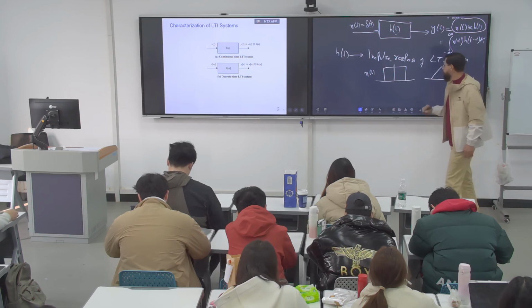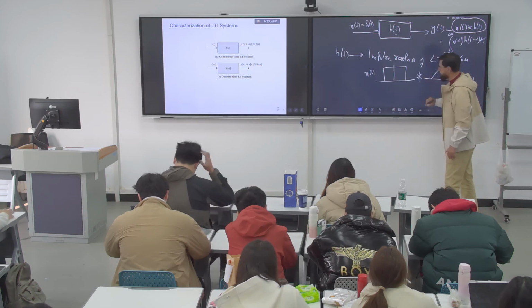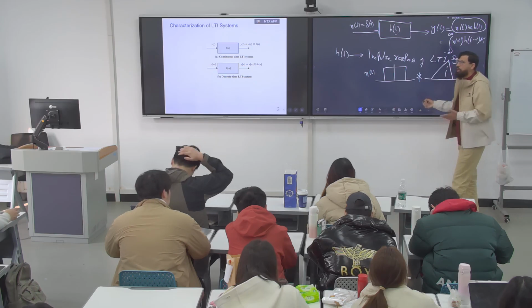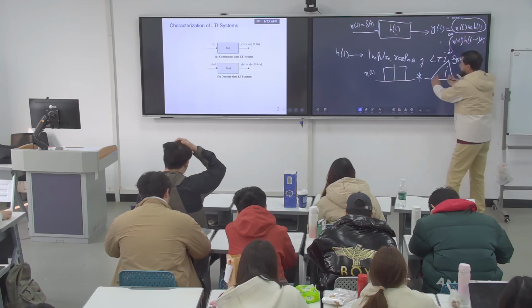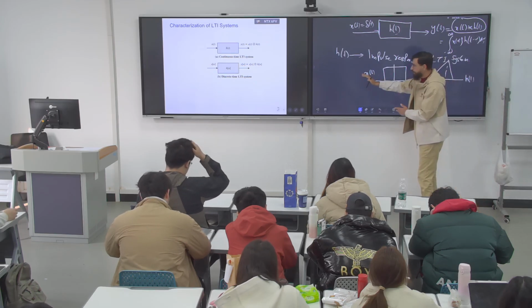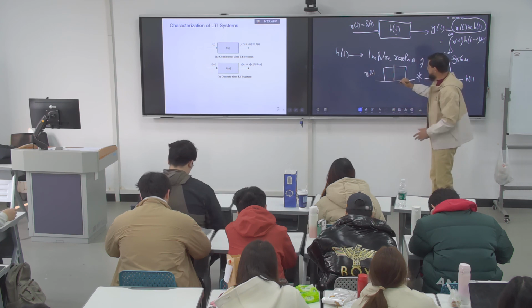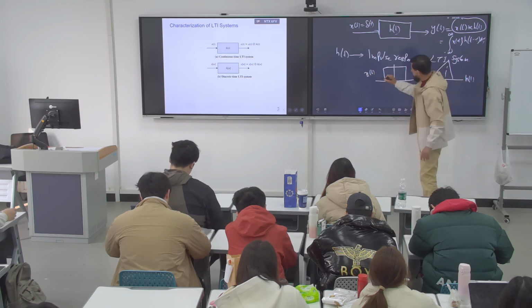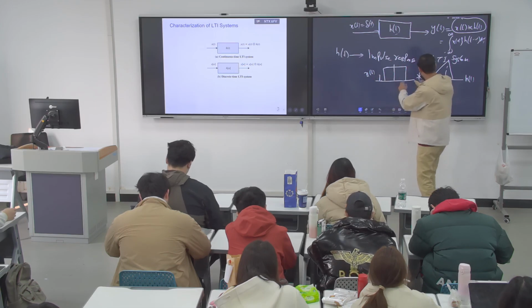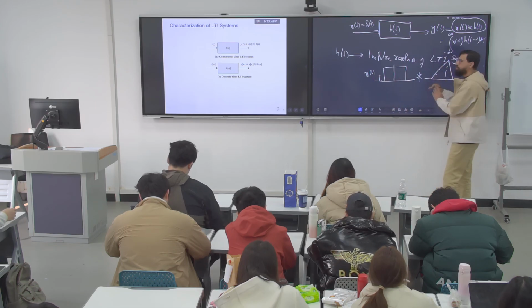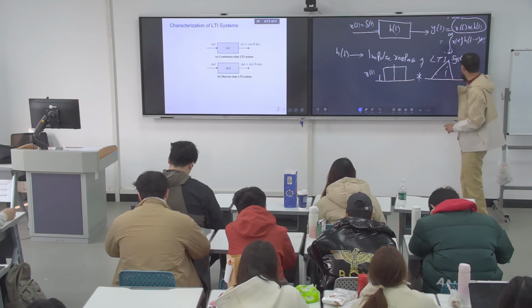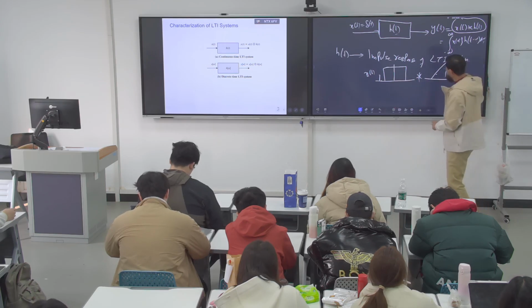I want to convolve both. How do you do that? You flip it, and then you move it. For example, here there is no overlap, so you move it further. You can slide x or you can slide h. This is your choice.